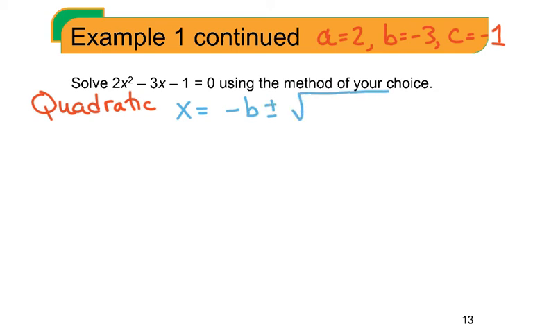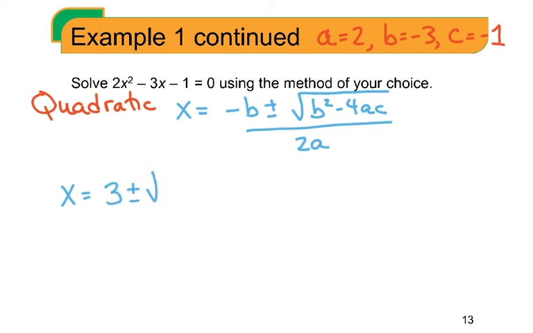Remember how this goes. So now let's put in our numbers. Minus B will be +3, plus or minus. Now I'm going to do this very carefully.